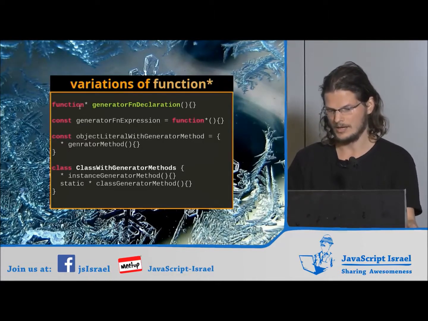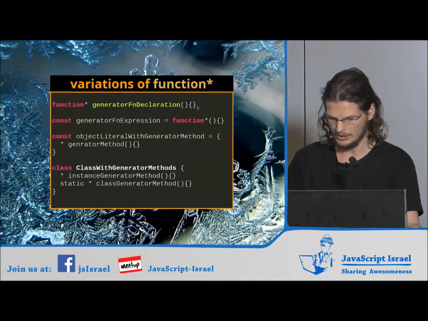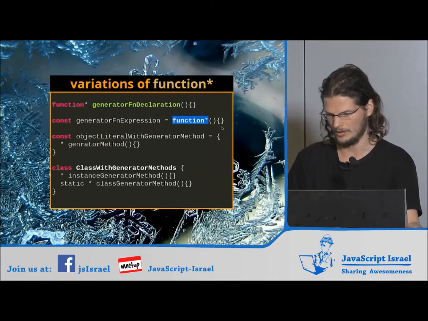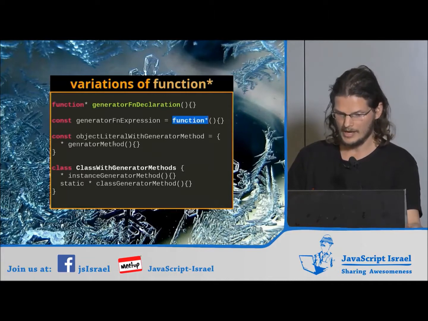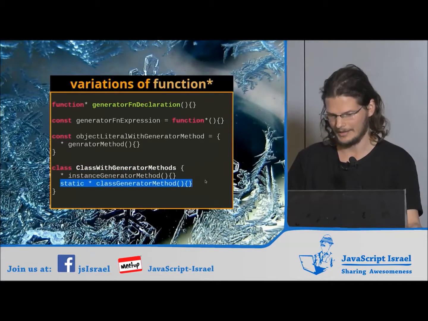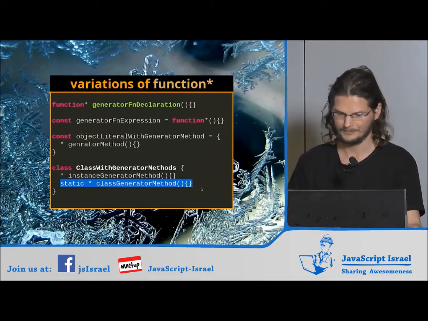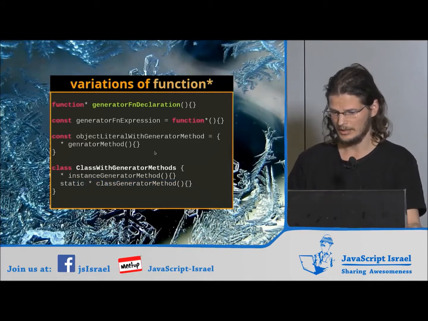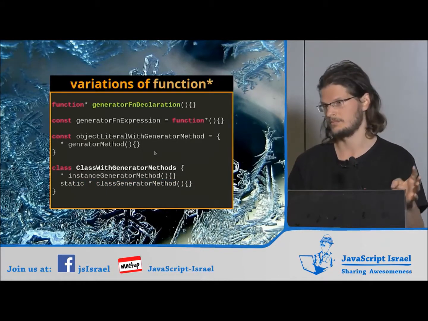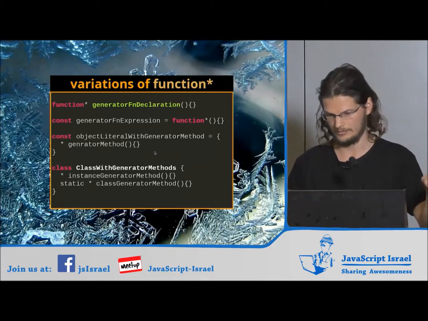So we have a generator function declaration, a generator function expression, which is just the same, only anonymous. We have a generator method inside an object literal, and we can have a class with generator methods. We can have instance generator methods and static class generator methods. All of these do the same. The difference is just where they're at. That's all.